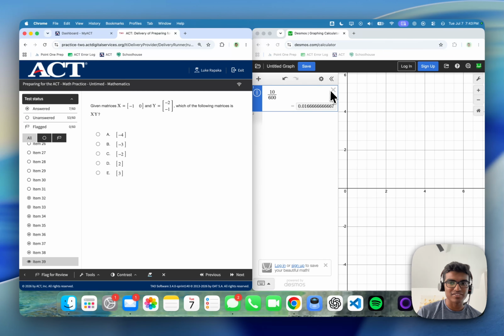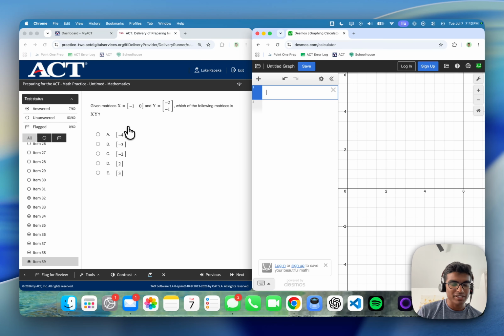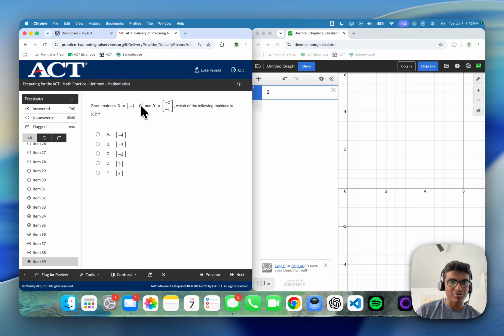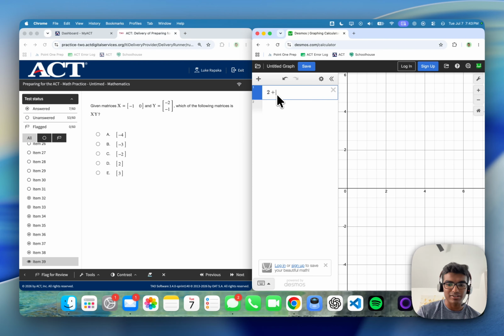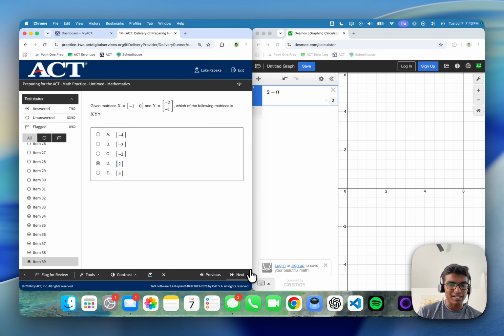All right, matrix question. Given matrix -1, 0, and y -2, -1, which of the following matrices is x, y? Okay, so you always multiply matrices row by column. So -1 times -2, that's 2. And then 0 times -1, that's just 0. So you would get +2 here, and that would be your answer.